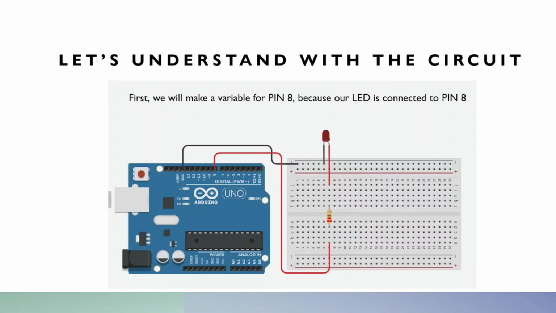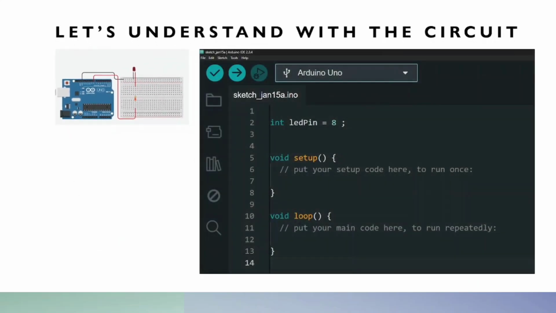Okay, now let's understand with the help of a circuit. This is the circuit diagram, and in it there is one LED which is connected to pin number 8. First, we will make a variable for pin number 8. So how will we make this variable? int ledPin = 8, where int is integer, the type of data this variable will store, and ledPin.